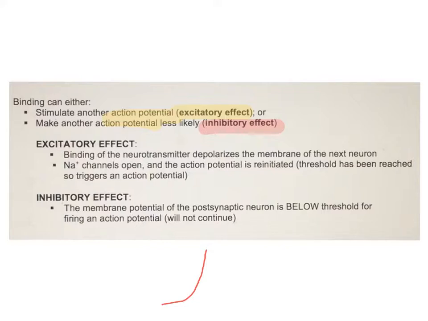Okay, and remember there's always that threshold that it has to hit. As long as it hits that threshold, it's going to continue on down the line and eventually end up hyperpolarizing and end up back at neutral. So it will pass that on, and it'll continue passing it on over and over and over to the next until it reaches the muscle or the gland that it's trying to affect.